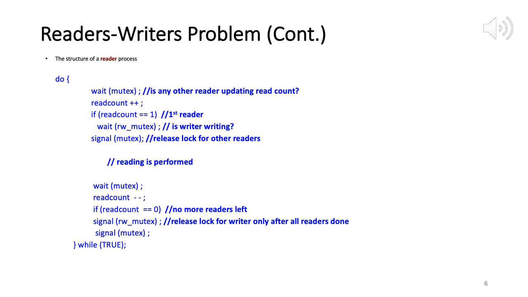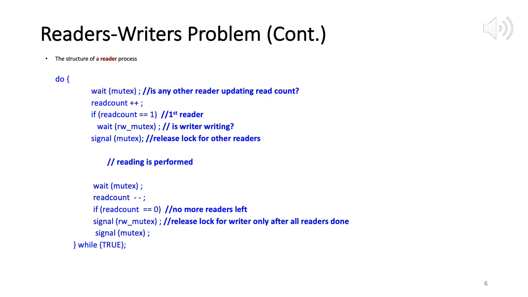Which means if we have a set of readers coming in one after the other, then the first reader in that set will acquire the lock if available, because note that a writer may be writing. So if available, the first reader in the chain of readers acquires the lock, and the last reader will release the lock.